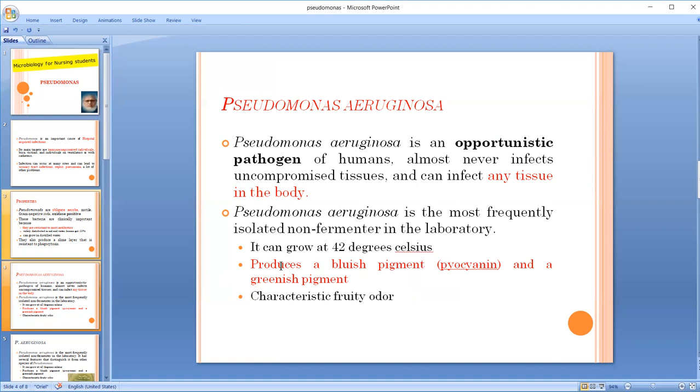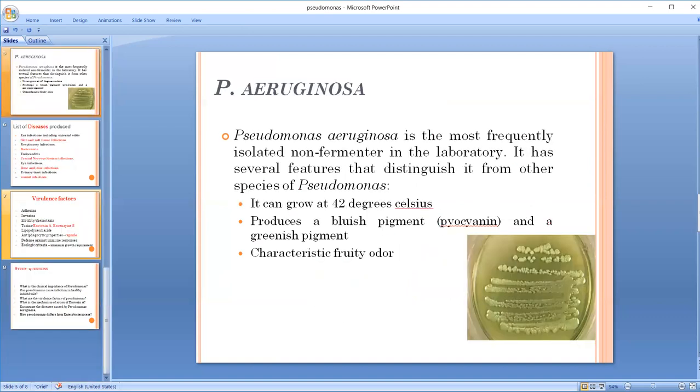They produce two pigments, one bluish and one greenish, that give a special colony appearance, and the characteristic fruity smell helps in identification. This is the colony color due to pigment. They are the most frequently isolated non-fermenter in the laboratory.